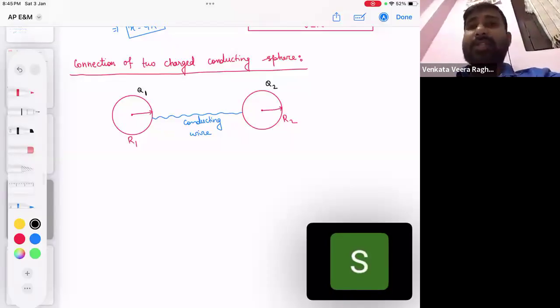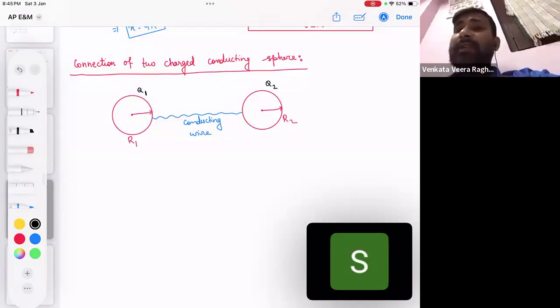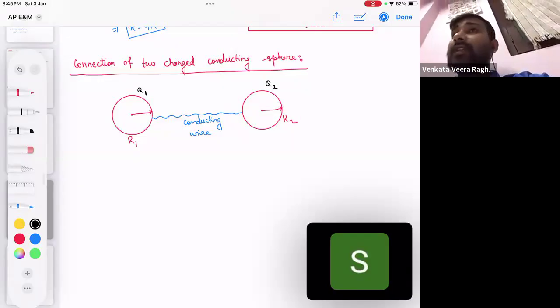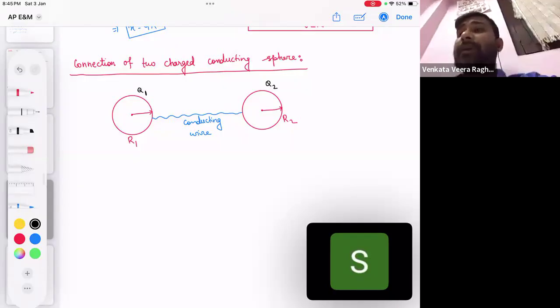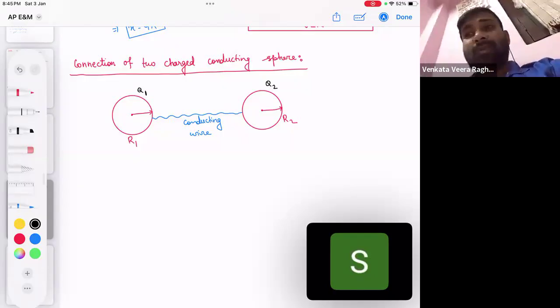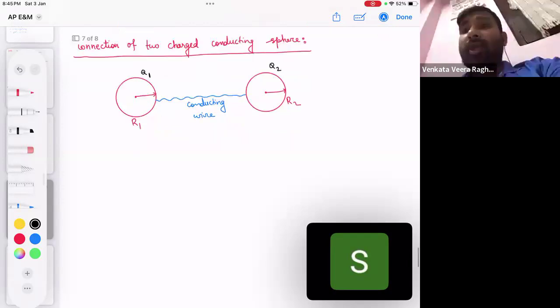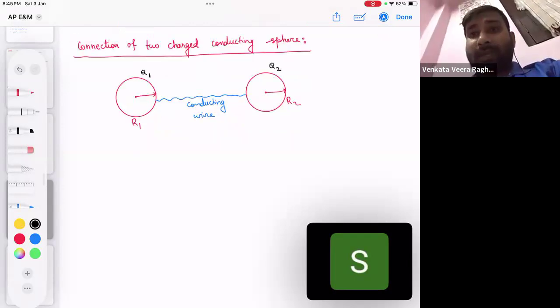The charge on these two spheres will redistribute and become Q1 and Q2. So what is going to be the same after being brought in contact? Please tell me, what is the potential of sphere 1? Is it going to be k Q1 by r1?